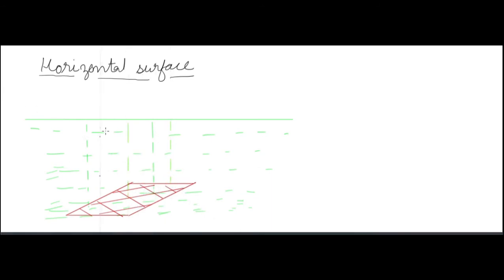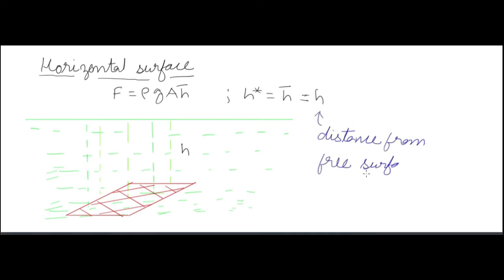At each point from the free surface, the height is only h. So total hydrostatic force is equal to rho g a h bar, and the center of pressure and the distance of the centroid are equal to the distance from the free surface. All are the same.